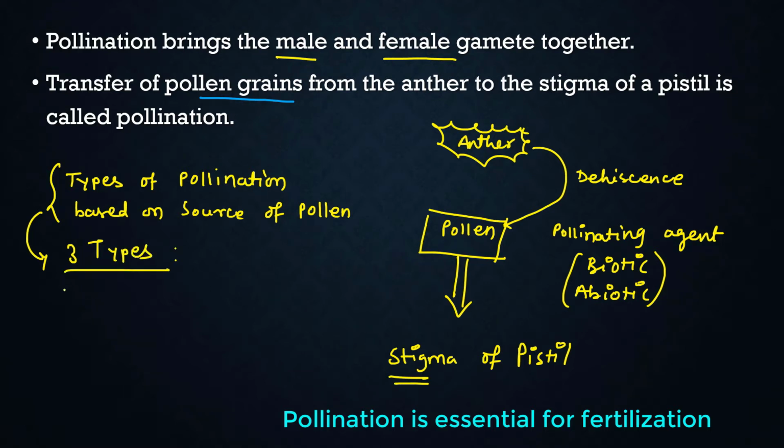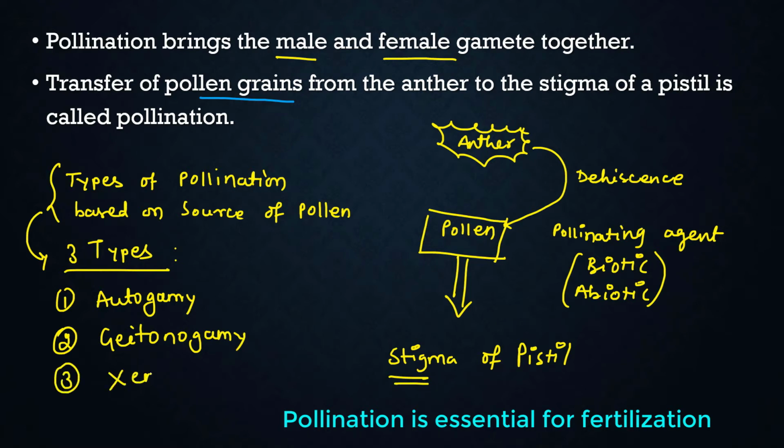The first is called autogamy, the second is called geitonogamy, and the third one is called xenogamy. So we have these three different types of pollination, and they are based on the source of pollen.